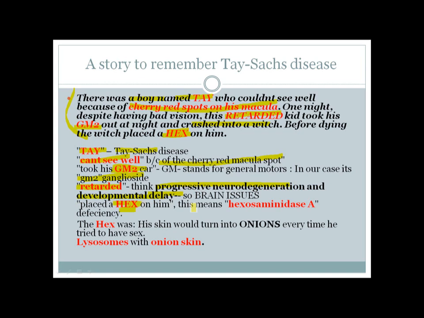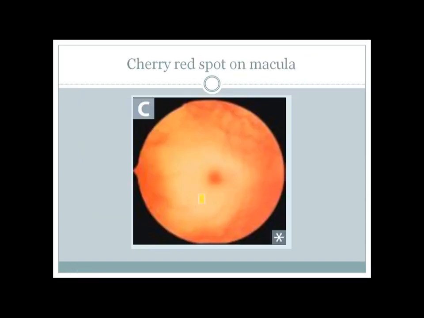And hex, meaning hexosaminidase A, and the hex was his skin would turn into onions every time he tried to have sex. So another important finding in Tay-Sachs disease is lysosomes with onion skins. I think this story might help you to remember the most important points about Tay-Sachs disease.